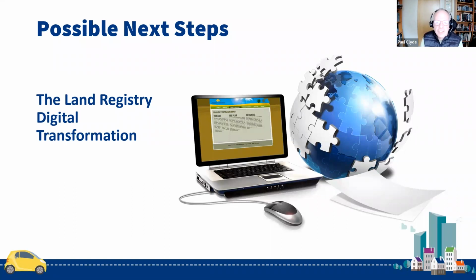So possible next steps. So Formevo as a business is involved with some of the land registry committees on digital development and the transformation process. And the steps that we think are going to be coming in next year are going to be very much moving to the self-ID approach, sorry, e-signature coming into the system.